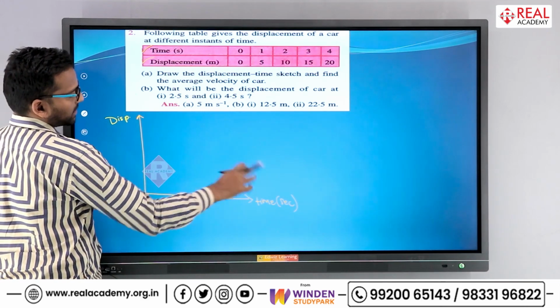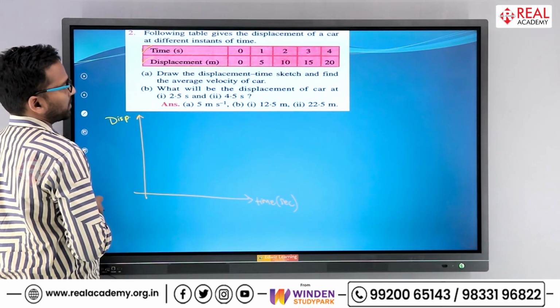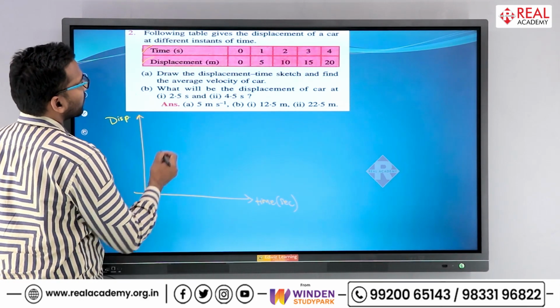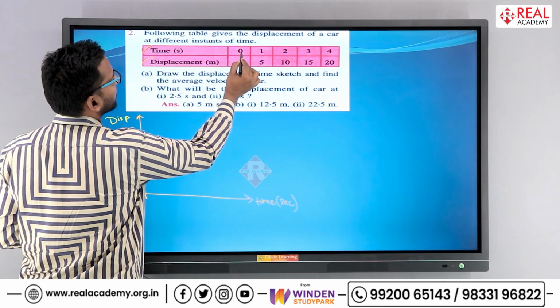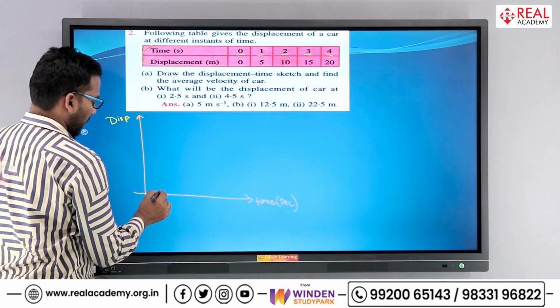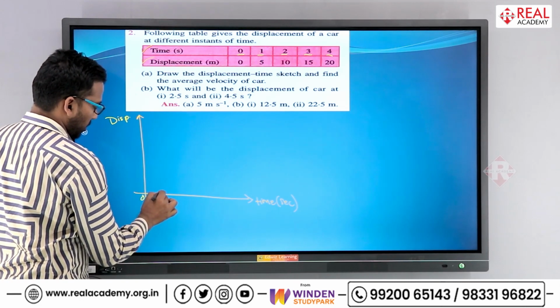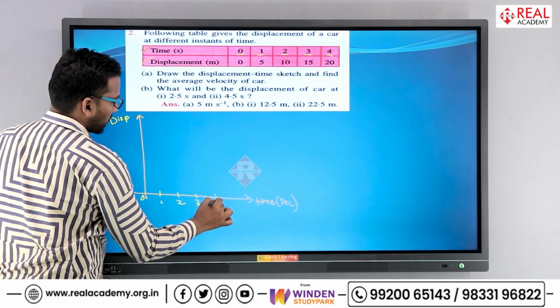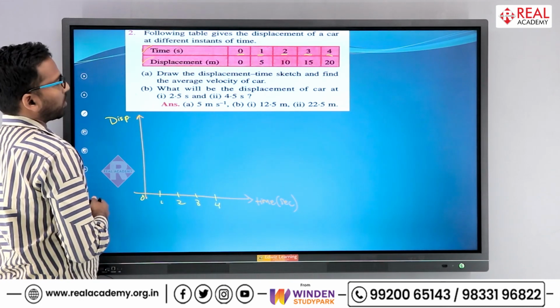Okay, on the x-axis time and on the y-axis displacement. Now, for times, instances are given like 0, 1, 2, 3, 4. So we will take the same: 0, 1, 2, 3, 4.